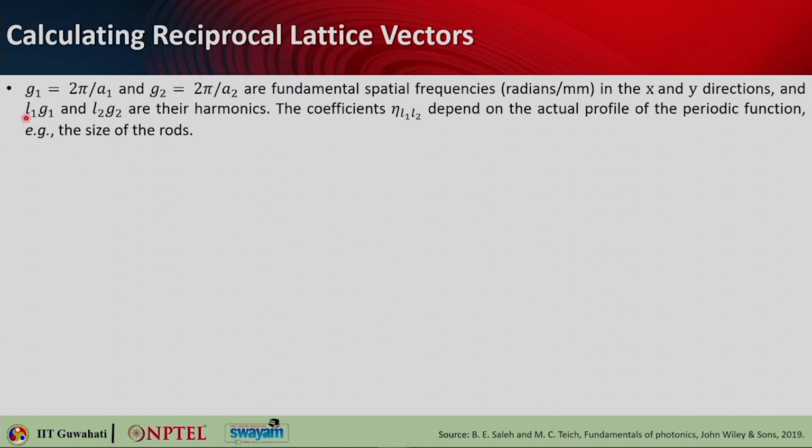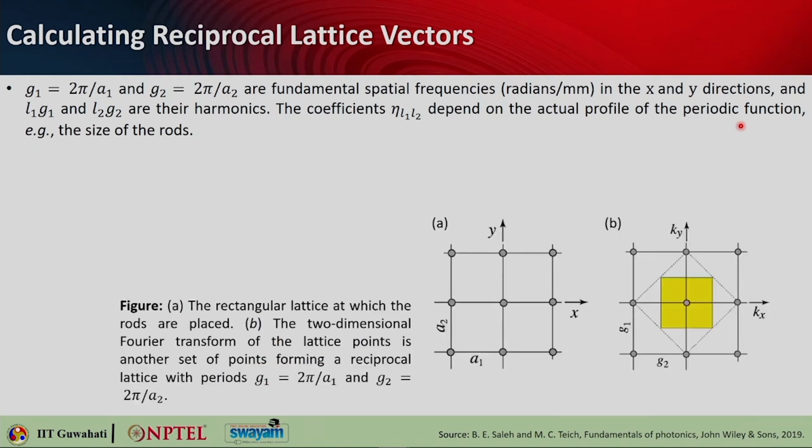And L1 G1 and L2 G2 are nothing but their harmonics, because if you multiply the fundamental spatial frequency with integers, you will get its harmonics. The coefficients eta L1 L2 depend on the actual profile of the periodic function, that is the size or the shape of the rods.